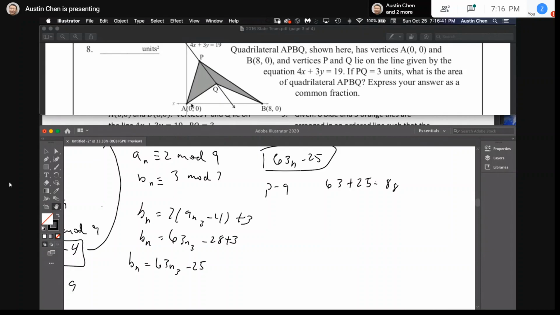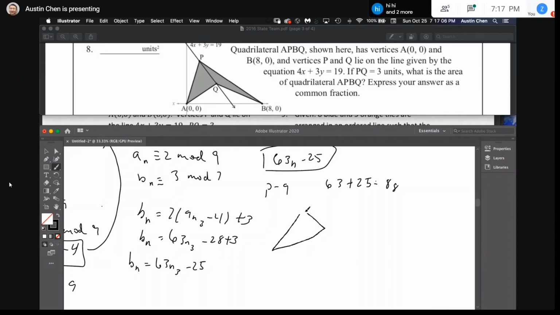So then we just need to find the height, which would be the length of the segment from this point perpendicular to this line. Which is easy to do because we have the equation of this line and the coordinates of this point, and we could do it for this one as well. So that's pretty easy.